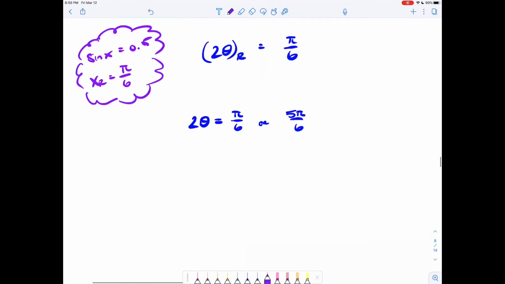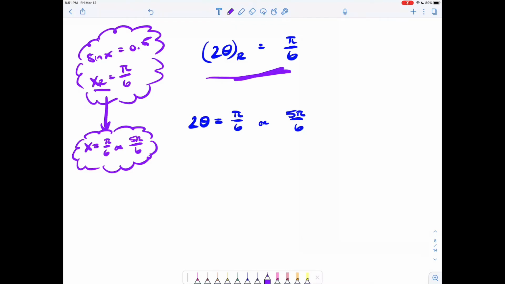And that's the same as taking this reference angle and saying, well then, x could be pi over 6, or x could be 5 pi over 6. So just continue with the scrap work on the side here. So note that parallel. This is exactly the same as this. This line is the same as this line. Just instead of x's, we have 2 thetas.